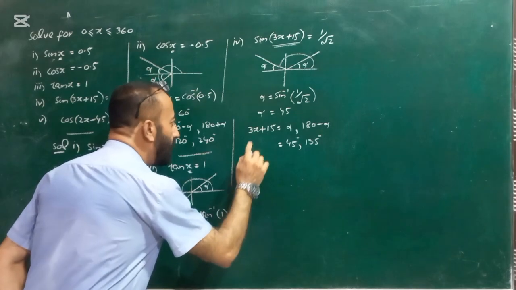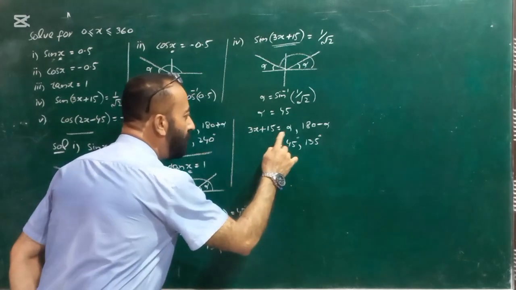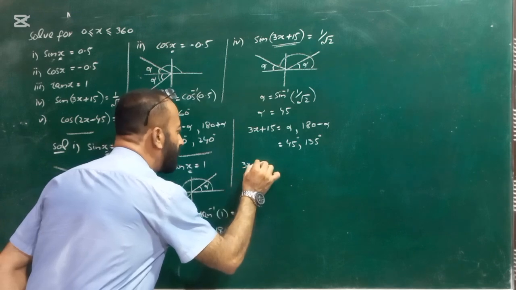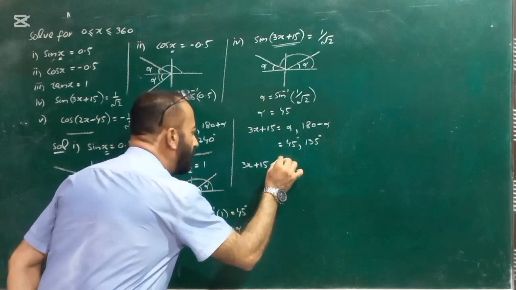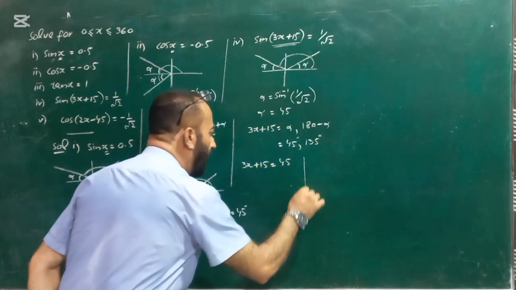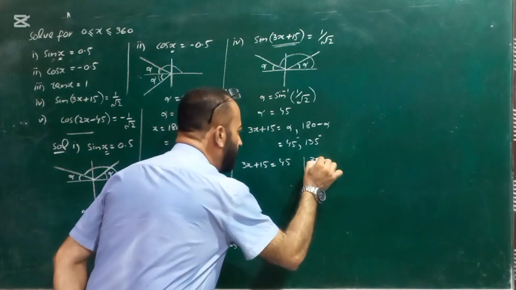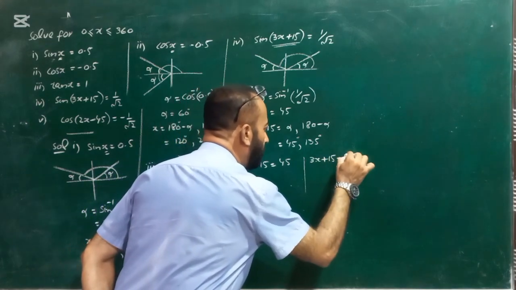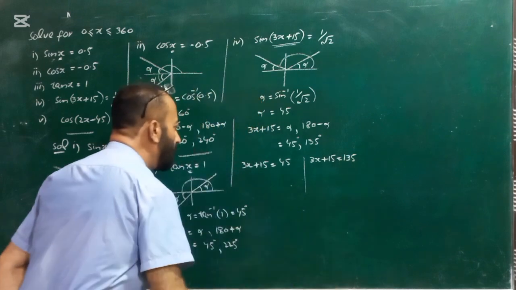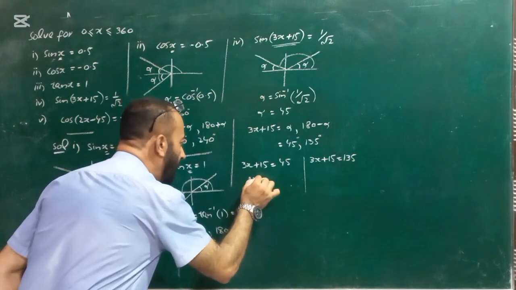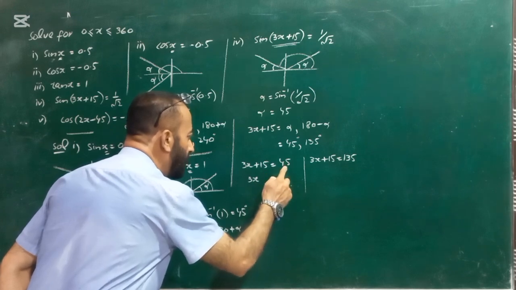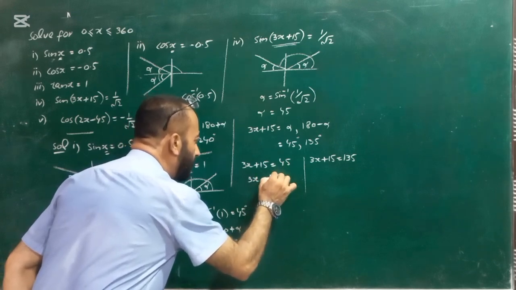So it means 3x plus 15 will be equal to this one and this one. So I'm writing this: 3x plus 15 equal to 45, and 3x plus 15 equal to 135. So from here, 3x will be equal to this, 15 will go to the right side and be subtracted, so 30 degrees.